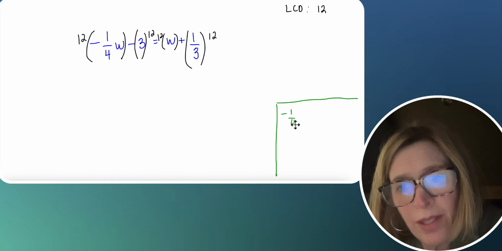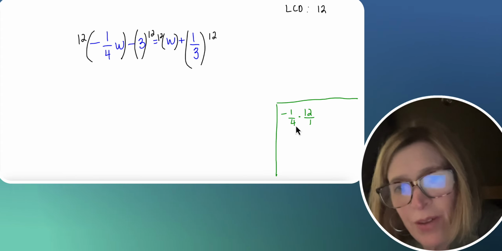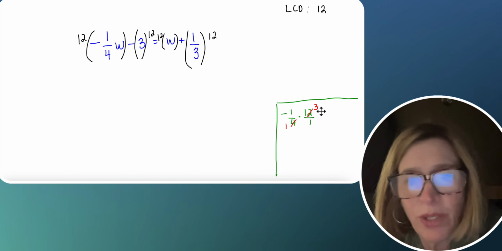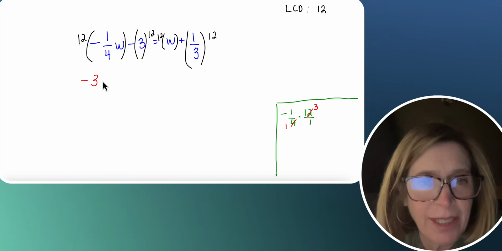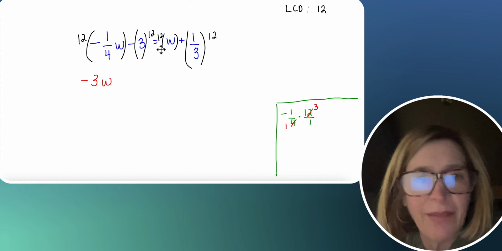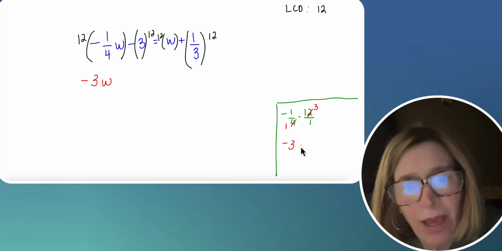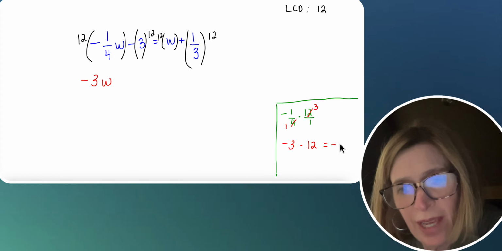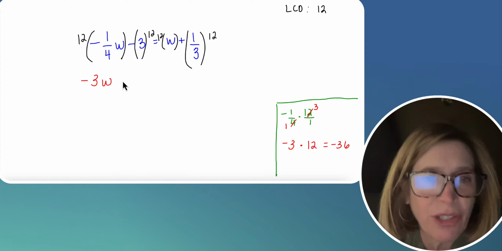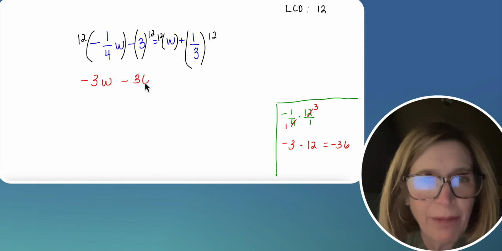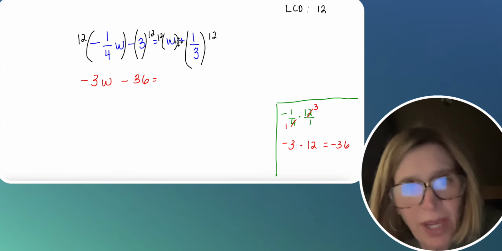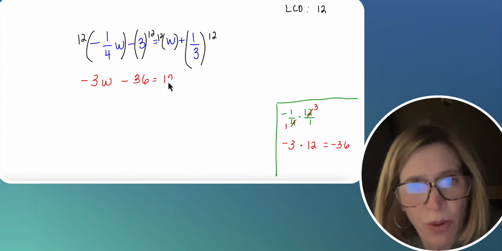Negative 1/4 times 12 over 1. Remember, put that 12 over 1. 4 goes into itself once, 12 3 times. Negative 1 times 3 is negative 3w. All right, I have a negative 3 times 12, which is negative 36. There were no fractions there, so nothing had to be cleared out. I have 12 times w, which I hope you can see is just 12w.